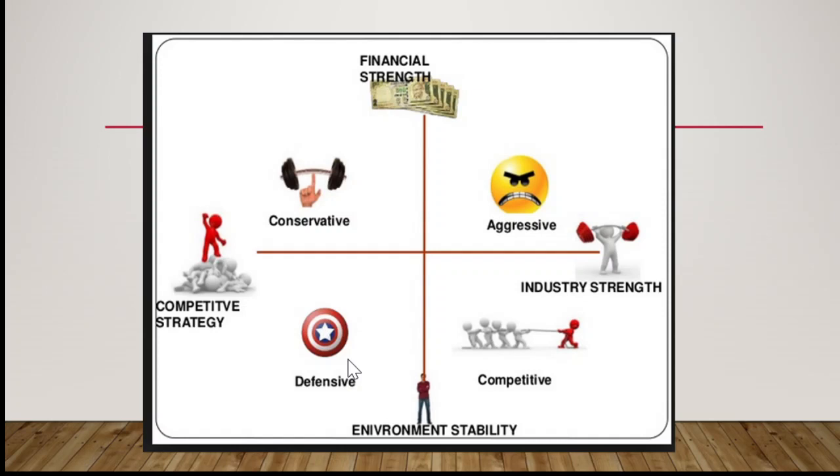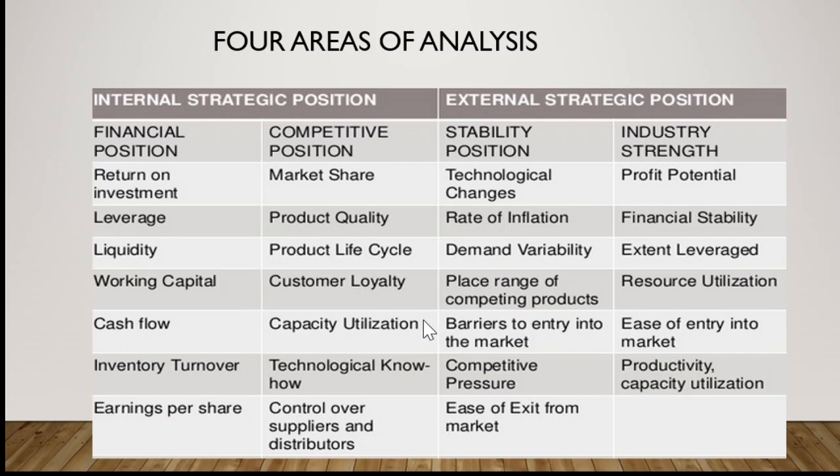So firms in this position are very weak and heading to failure unless the external environment becomes favorable. So, paano ba natin ipa-plot yung points natin to come up with the strategy that we need to do in order to make our company or business competitive compared to other businesses? But before that, ito yung mga example ng mga financial strength natin.